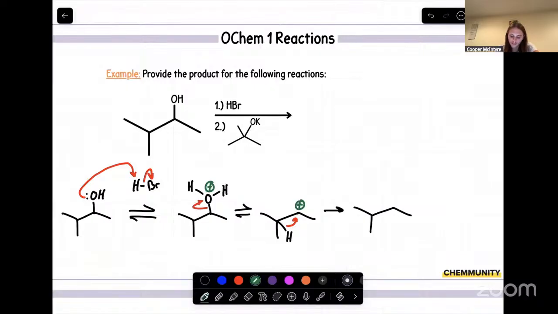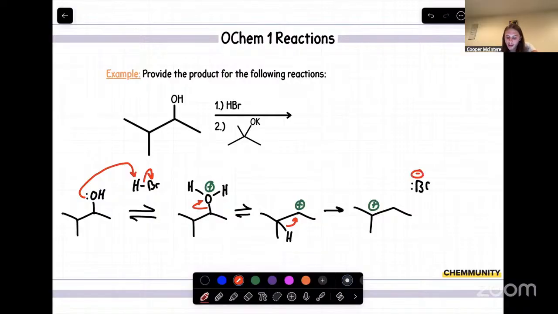And if we were to go back to the very start of this reaction, we see that right here, we had an acid-base reaction. Our electrons fell back onto bromine. So that means we still have a bromide ion kind of lingering around. Perfect.